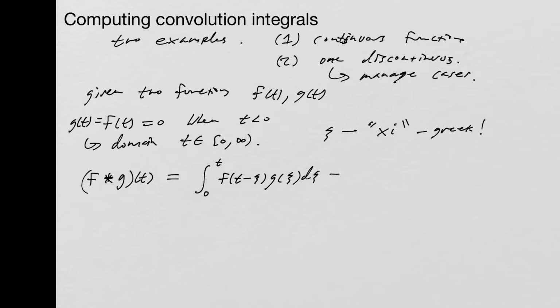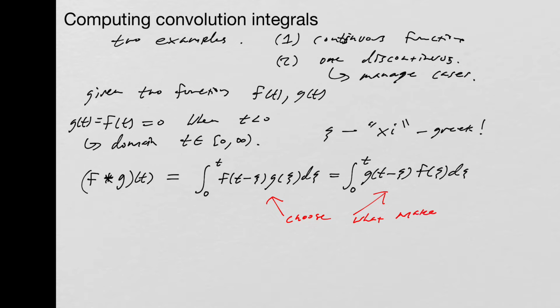Another thing you may also see is that you can write it in the different order. So g can be the function where you have t minus xi, and f can just be evaluated at xi. The key here is to choose whichever makes the integral easier to compute.